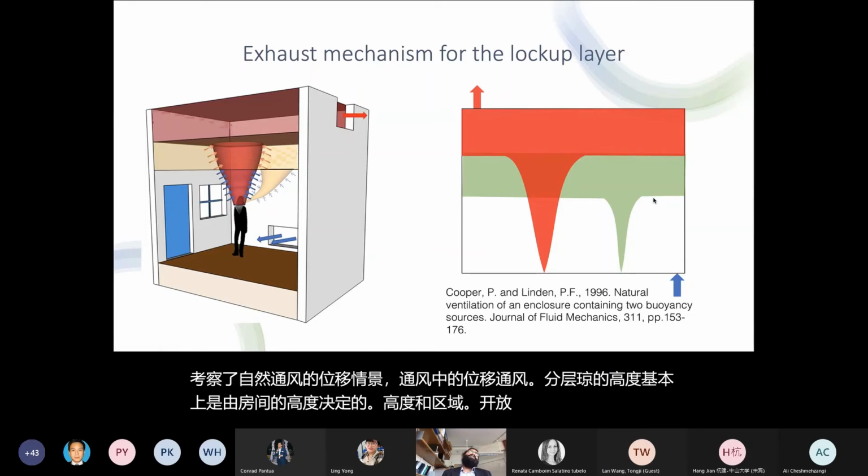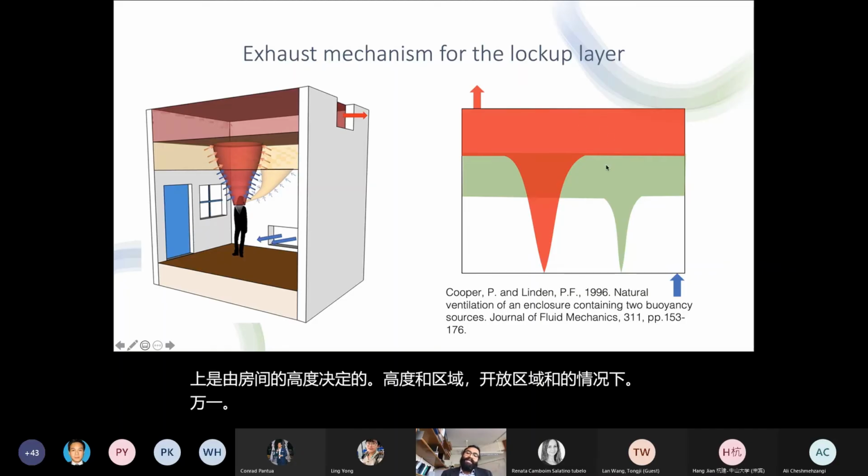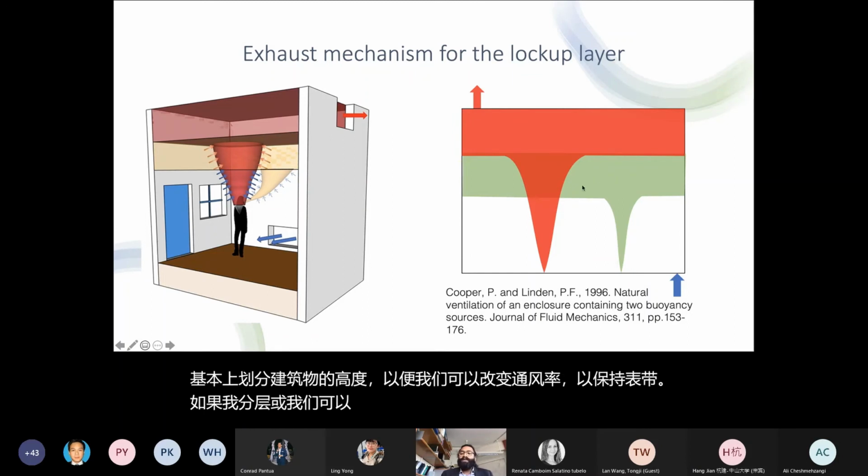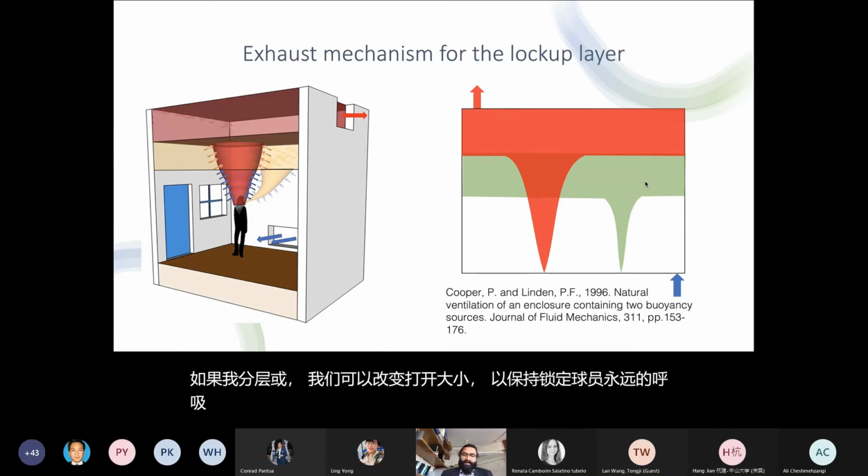And in the case of a mechanically displacement ventilated space, it would be a function of the flow rate or ventilation rate and the height of the building, essentially. So we can change the ventilation rate, or we can change the opening size, to keep this lockup layer above the breathing zone, and it will produce a clean environment.